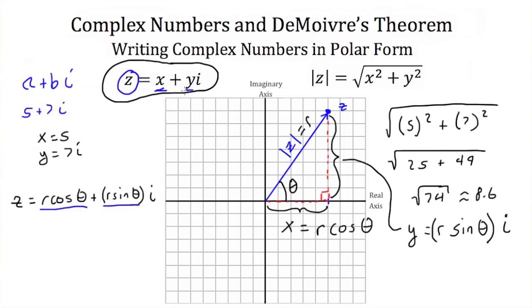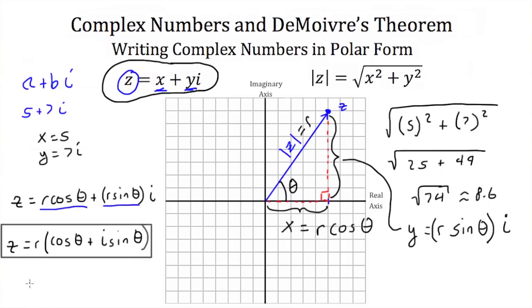This is y. And if I factor out an r, I'll get z is equal to r times the cosine of theta plus i sine theta. Well, this is how you write complex numbers in polar form.